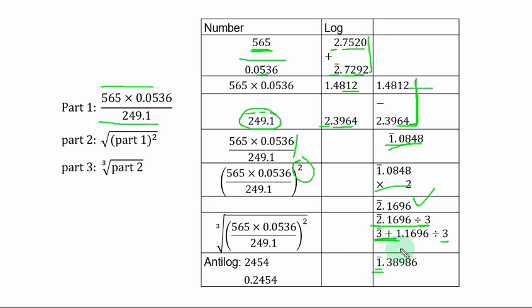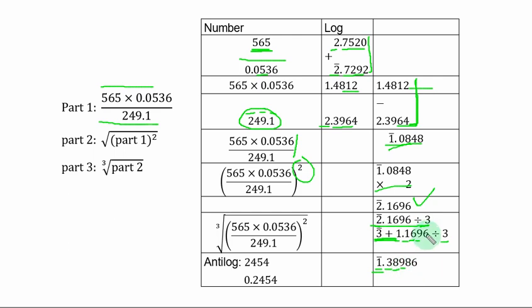You take remainder 1 to 1, it becomes 11. Divide by 3, you have 3 remainder 2. Remainder 2, you take it to 6, it becomes 26. Divide by 3, you have 8 remainder 2. Remainder 2, take it to 9, it becomes 29. Divide by 3, you have 9 remainder 2.